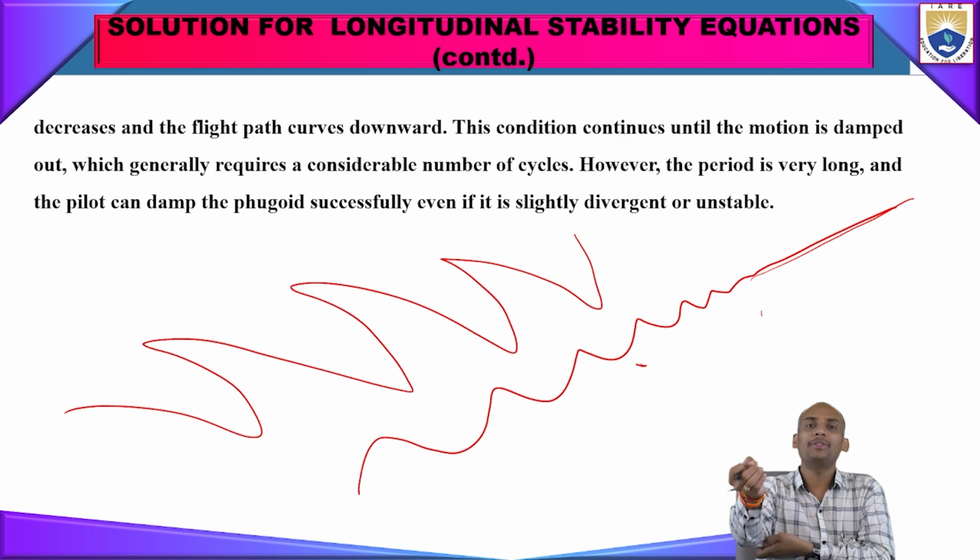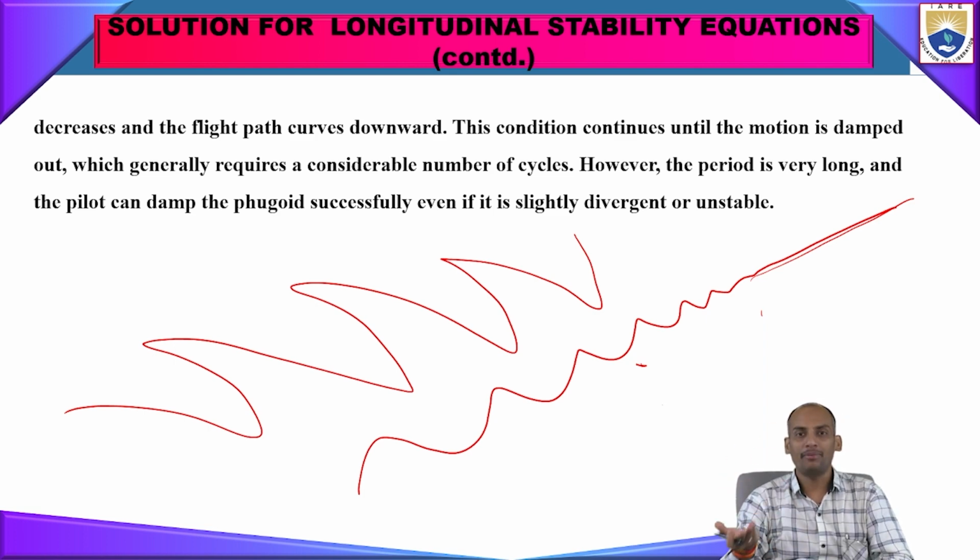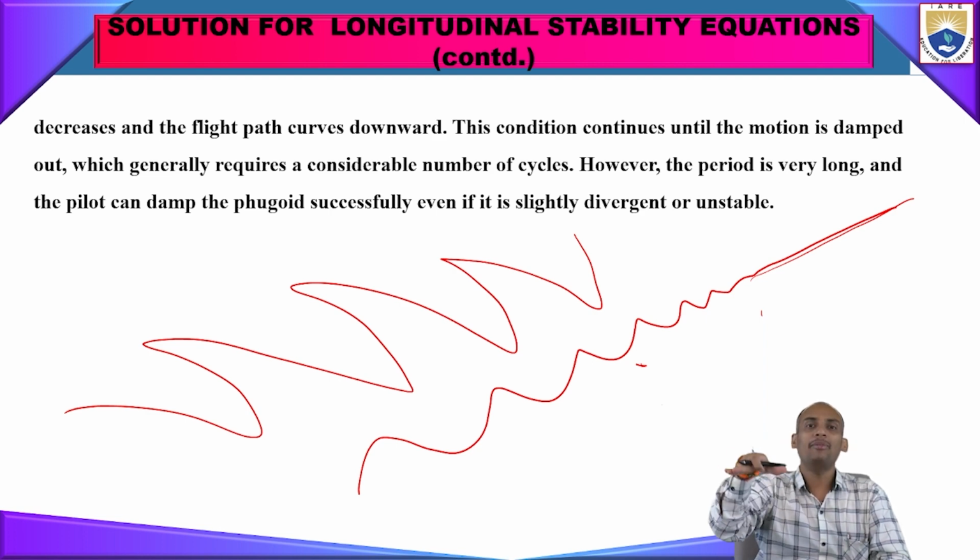For that gradual variation, an electronically operated system is required. If that electronically operated system is operating perfectly, then only this type of damping will be avoided, so that the aircraft will always fly in a stable condition.